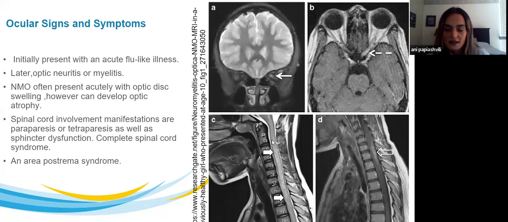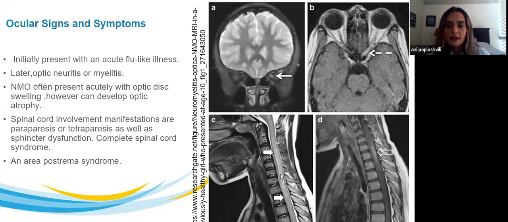As you can see here, this damage is very longitudinally extensive, and mostly it spans at least 3 vertebral lengths, right? And it is not discontinuous. It is longitudinally extensive, and this demyelination is located in the central part of the spinal cord, as you can see here.